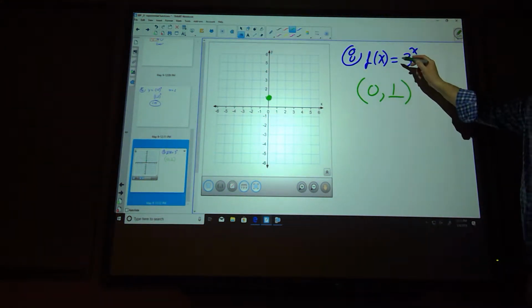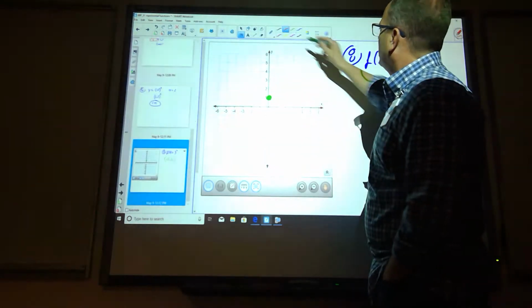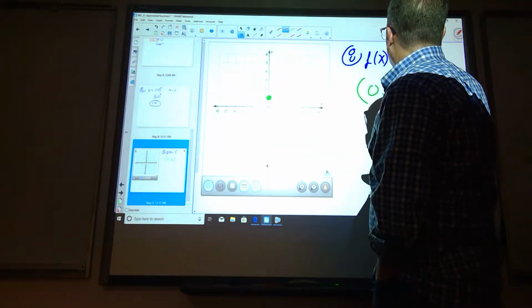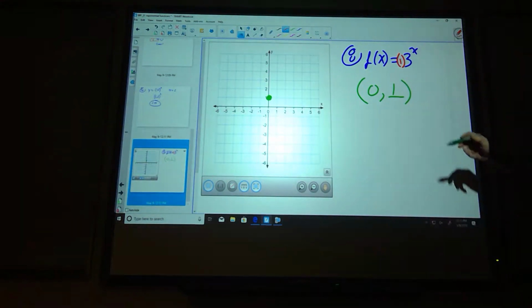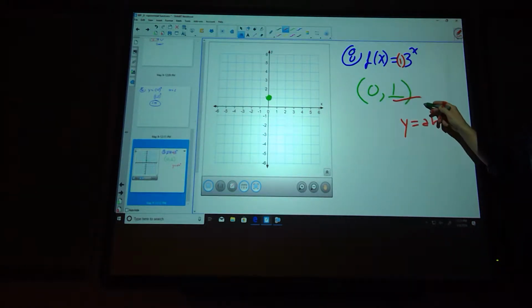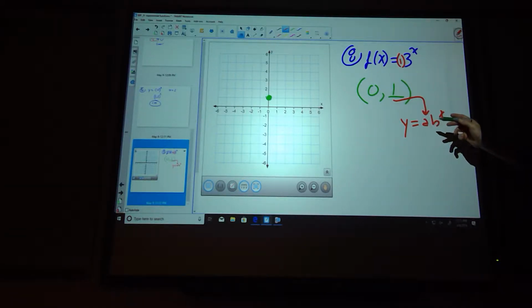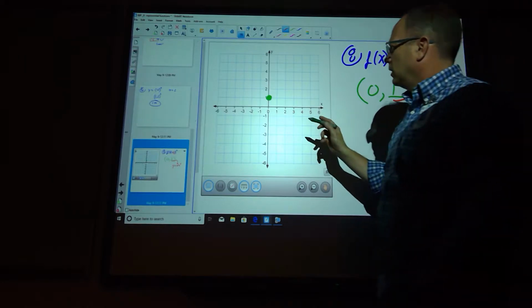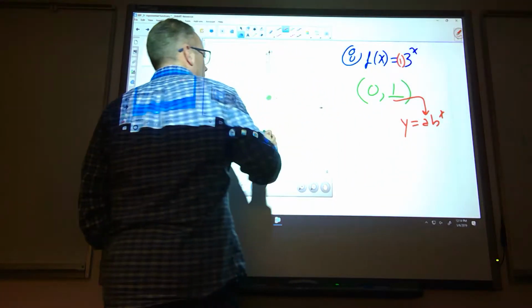All right, so let me ask you all this. Is there technically a 1 right there? Yeah. So let's think about this. Y equals a b to the x. So take a look at this. Let's keep that in mind. And then I'm going to go to the right one.